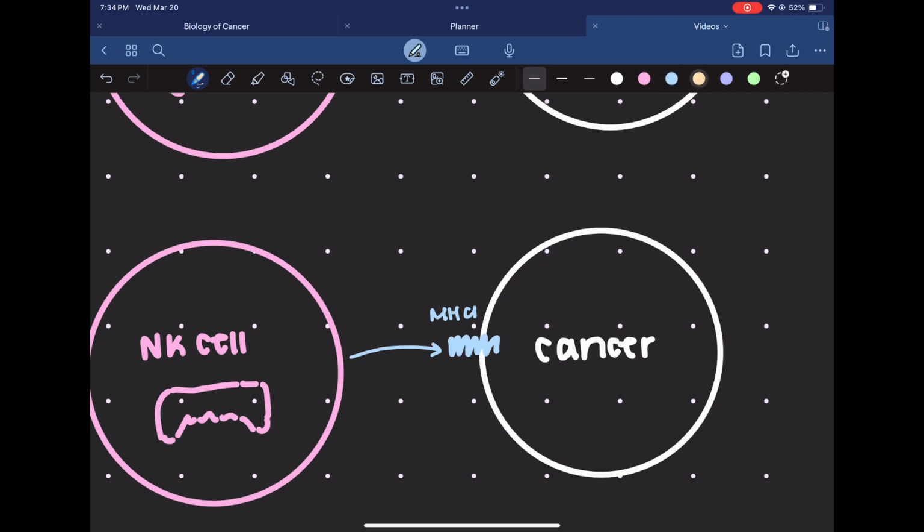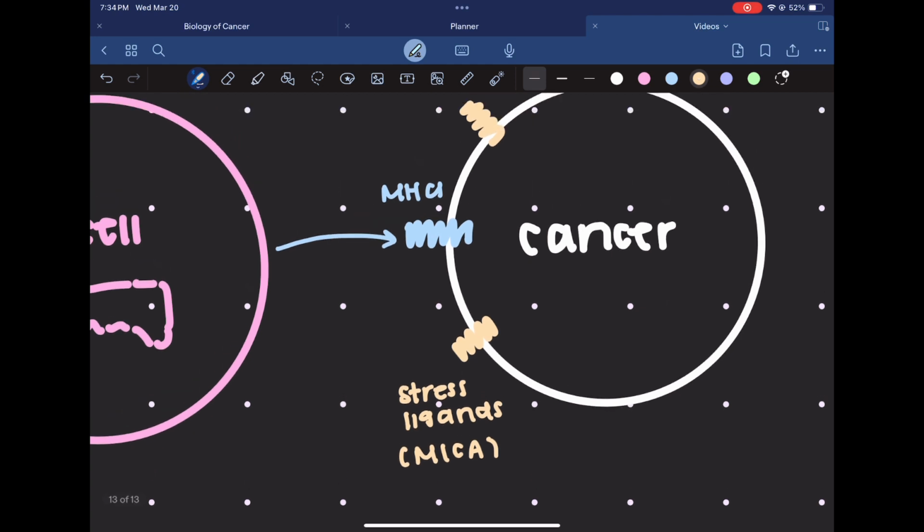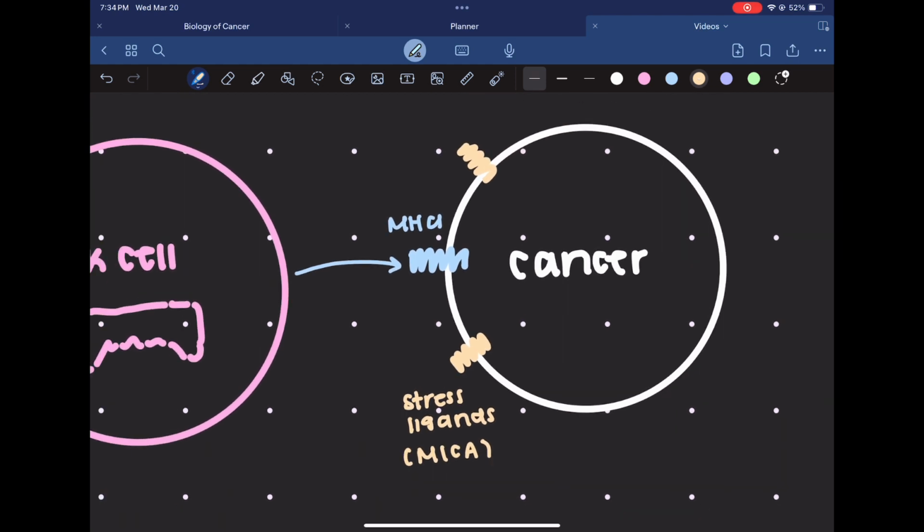But it also has these things called stress ligands. An example of this is a stress ligand called MICA. And these are expressed by cells when they're stressed, when they're not operating properly.